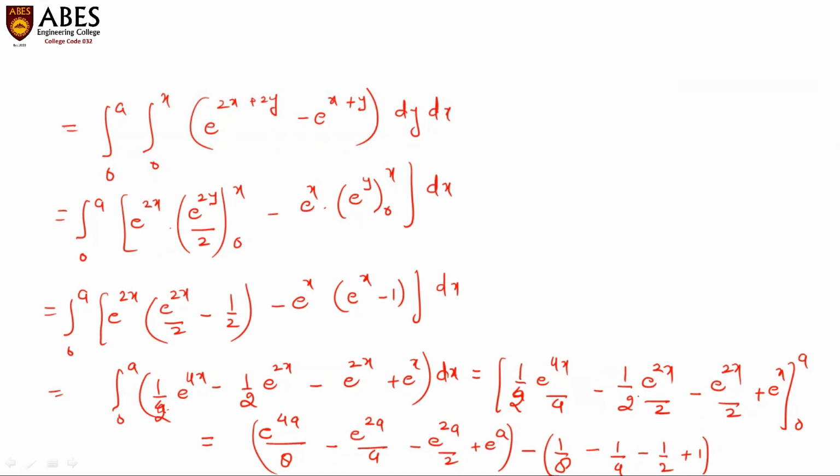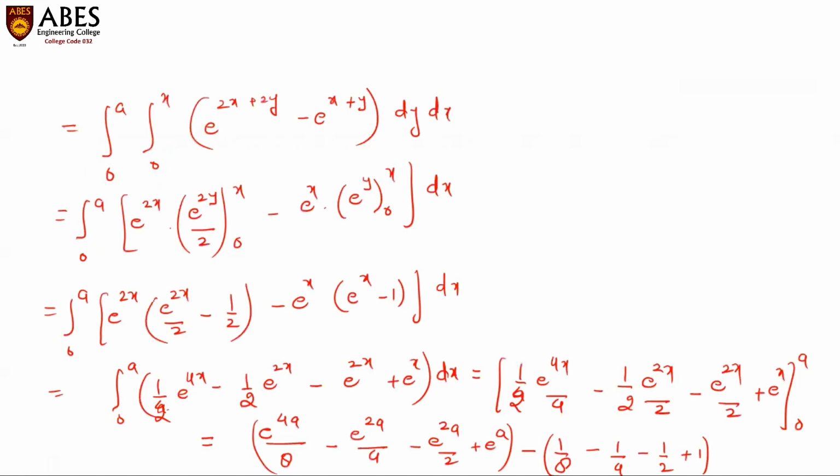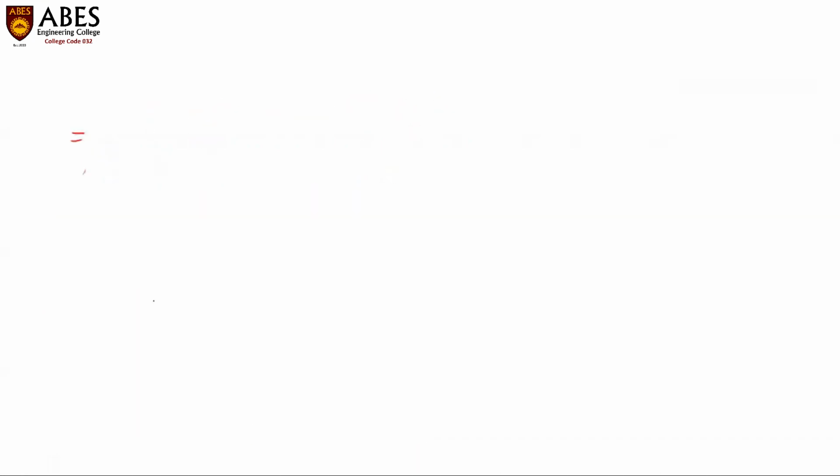Now we simplify it, and what will we get? E to the power 4a by 8 minus, after simplifying, 3 by 4 e to the power 2a, plus e to the power a.